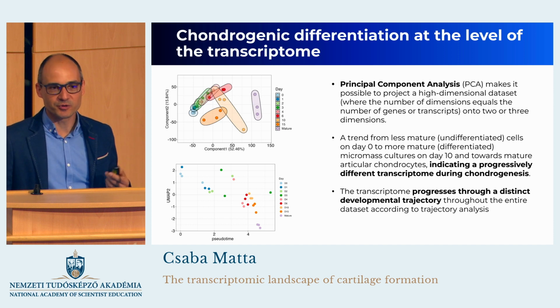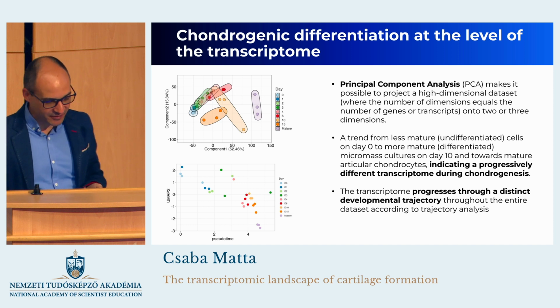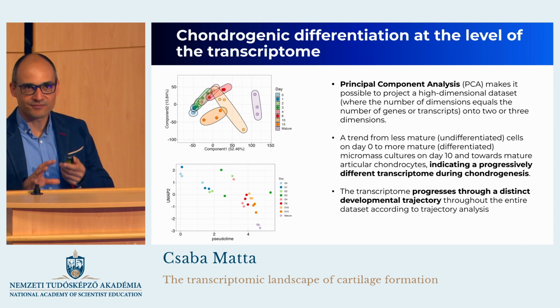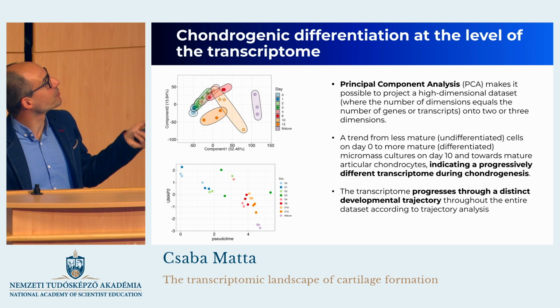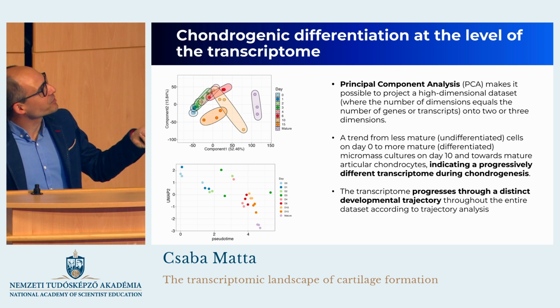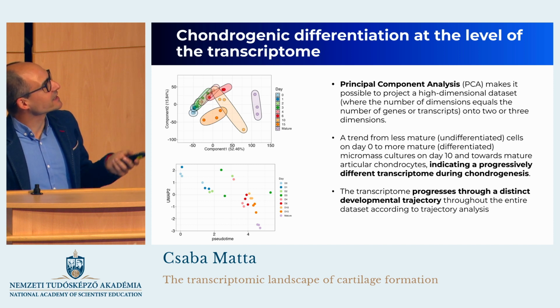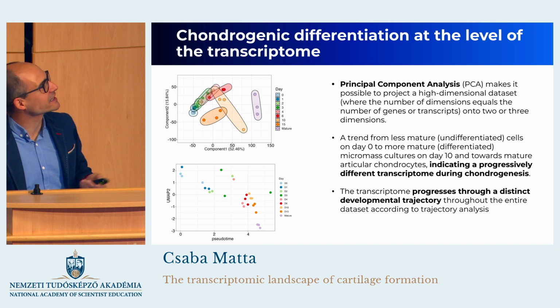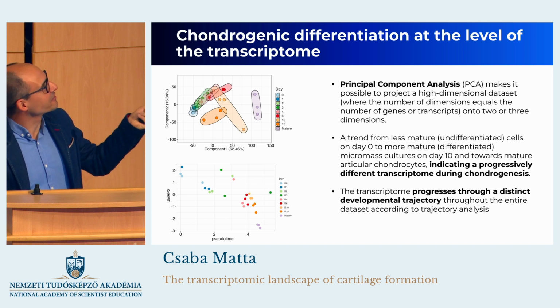And we use computer analysis to look at, for example, the trajectory or the variability between samples. We did a so-called principal component analysis, and this is a very good method to scale down the variations in this very highly complex data set. And as you can see, we also did some so-called trajectory analysis, and both indicate that there is a progress, right?